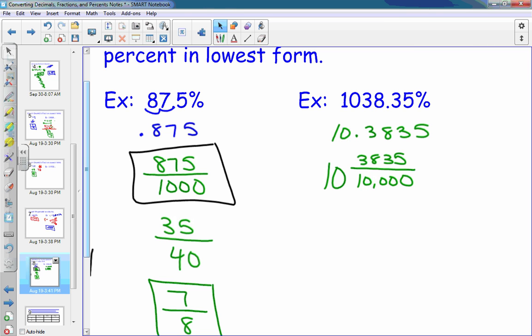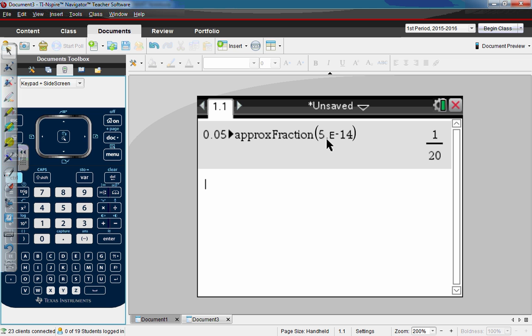Now, what are you going to type in your calculator right now? You're going to type in your calculator 3835 divided by 10,000. And hit enter.